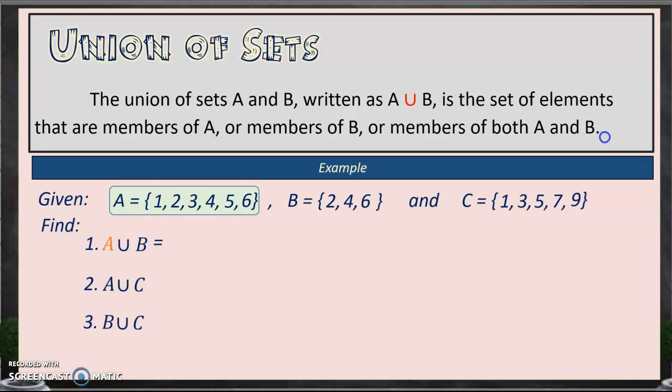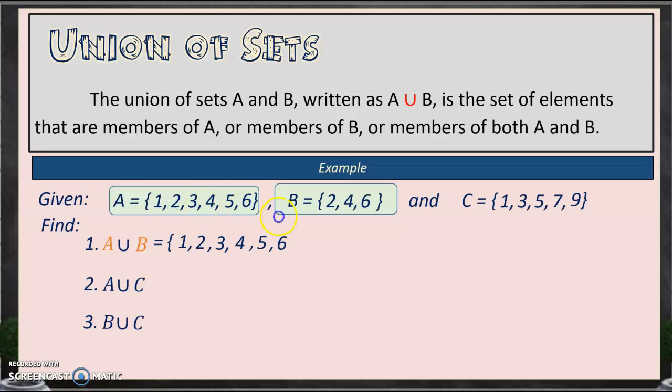So the first one is A union B. Look at set A and set B. Union, you will list all the elements that you can see in set A and all the elements in set B. So for set A, 1, 2, 3, 4, 5, 6.